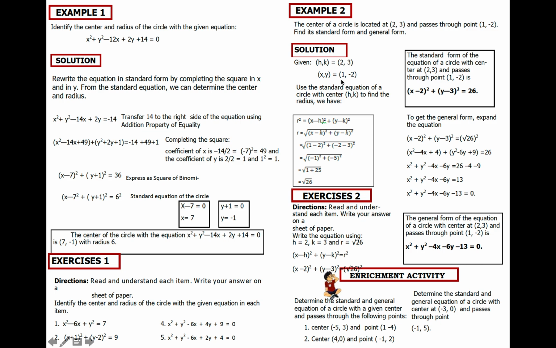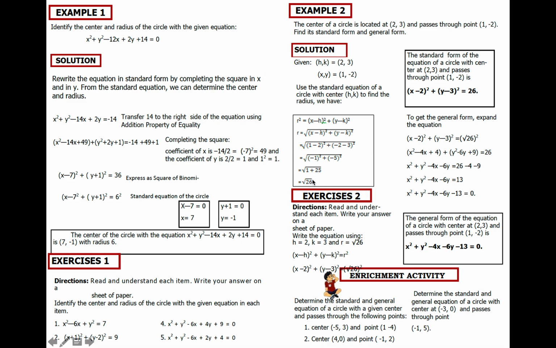So this is x, that's 1, minus h, that's 2, so (1 - 2) squared, plus y is -2, then k is 3, so (-2 - 3) squared. Then simplify: (1 - 2) squared is (-1) squared, and (-2 - 3) is -5 squared. Then this becomes 1 plus 25, right? Because negative times negative is positive.